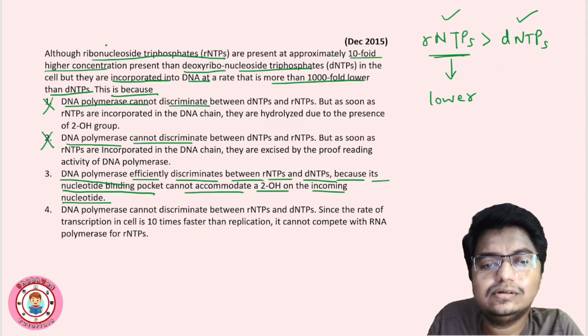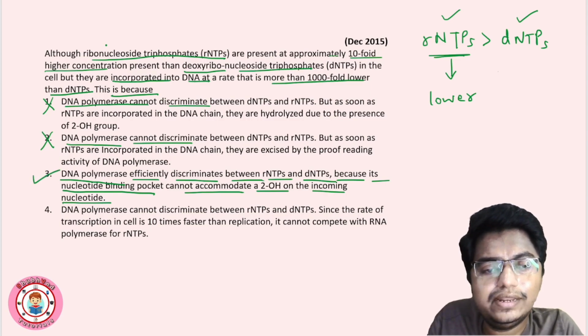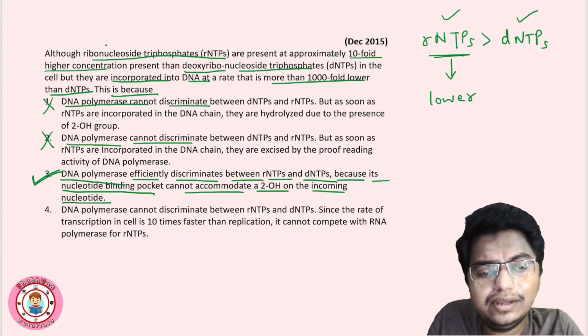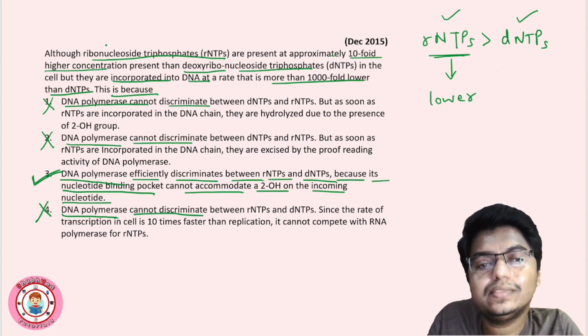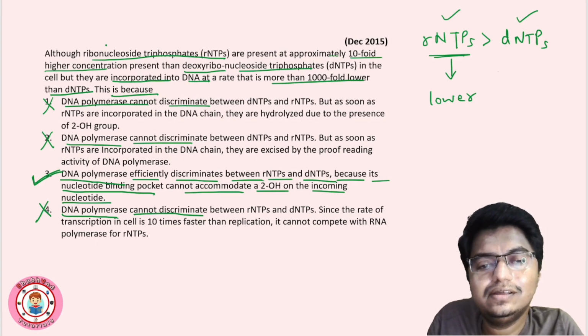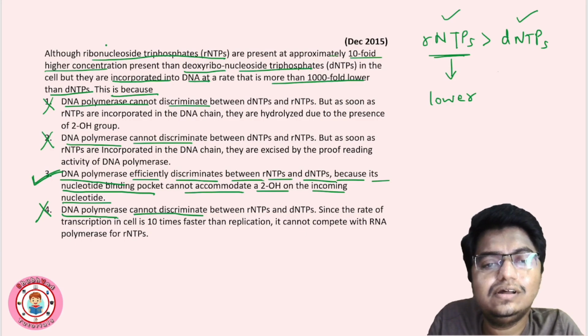So this is very correct, right? The fourth statement again says DNA polymerase cannot discriminate. It's again wrong. We have seen the structure of DNA polymerase, what the nucleotide binding pocket is, and how it differentiates between RNTPs and DNTPs, right? All we have seen.